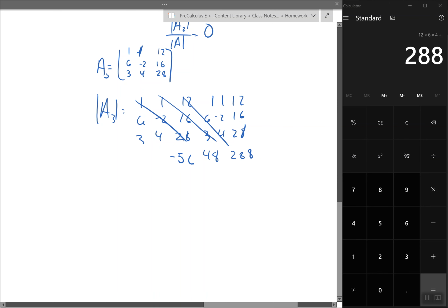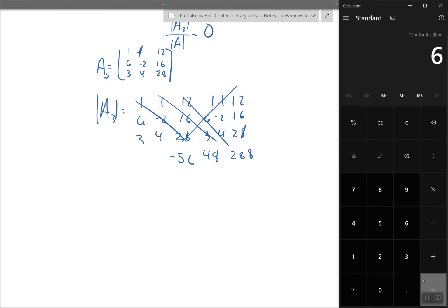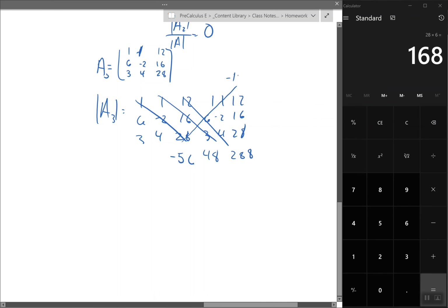So this 1, 28, 6, and 1. There we go. It's 168. So it's opposite sign. So negative 168. Negative 72, but it's going to be positive 72.